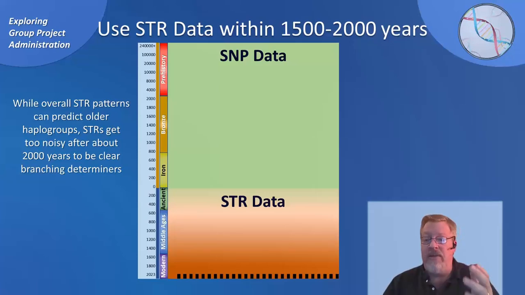They're actually good at predicting older haplogroups because the overall STR pattern is what they use for that. But the ones that change, which is how you decide whether they find branches within your subgroup, can be too volatile, too noisy because they change too often and you can't see the branches in your subgroup. And I'll talk about that in a little bit more detail too.